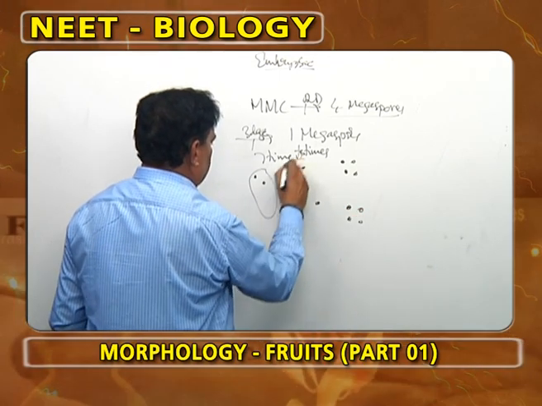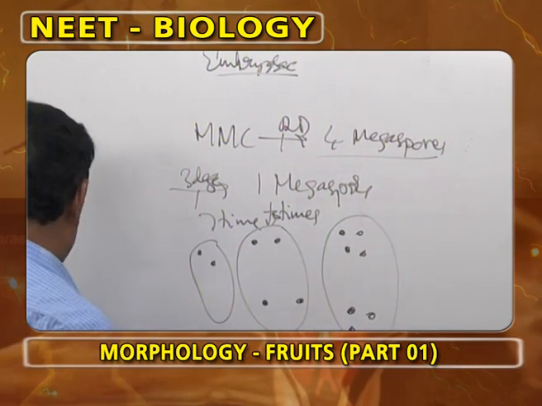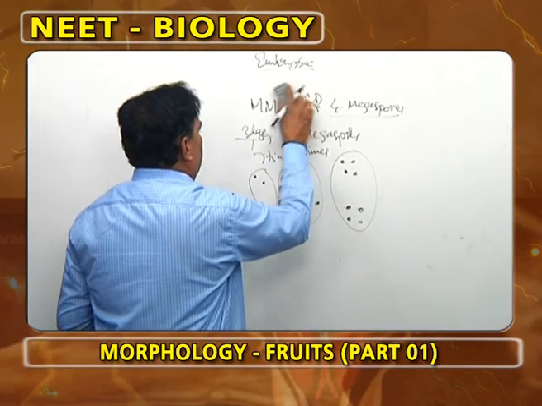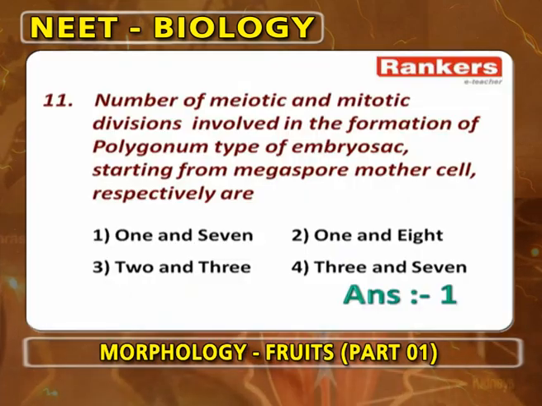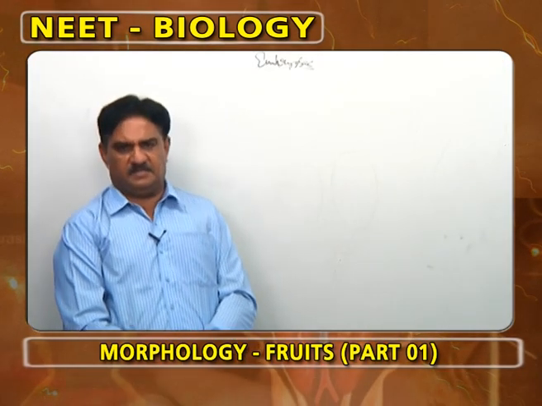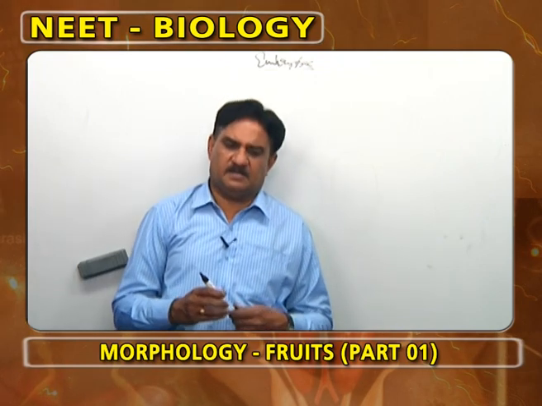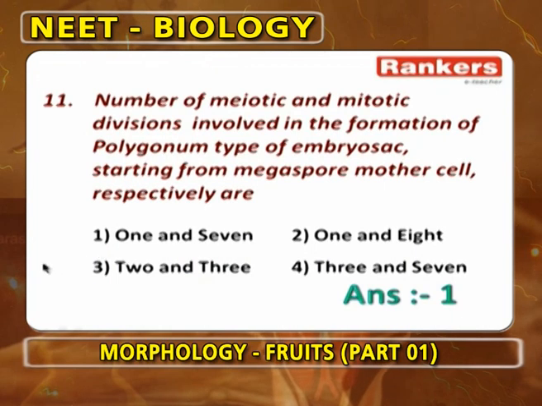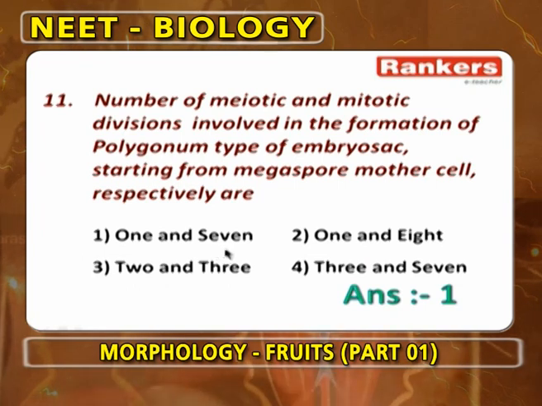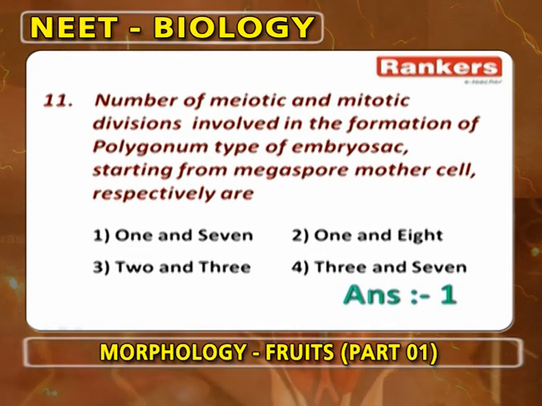Out of 8, the upper 4 are called upper polar nuclei, the lower 4 are called lower polar nuclei. From the upper polar nuclei 1, and from the lower polar nuclei 1, migrates to the center. The arrangement will be 3 plus 2 plus 3. Cell wall formation takes place and ultimately the embryo sac is formed. So the answer is 1 meiotic division and 7 mitotic divisions, resulting in the development of the polygonum type of embryo sac starting from the megaspore mother cell.